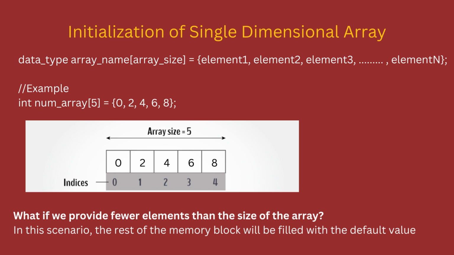fourth index is 8. There is a scenario if anyone puts only three elements, meaning assigns three values in an array. So what happens in that case? The rest of the memory allocation will be filled with the default value.